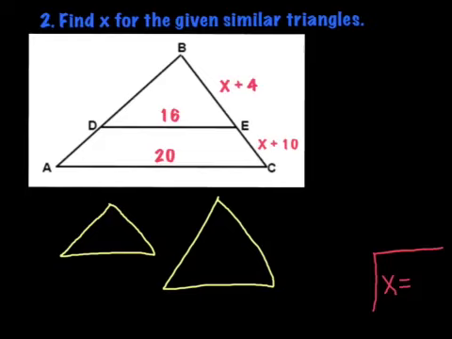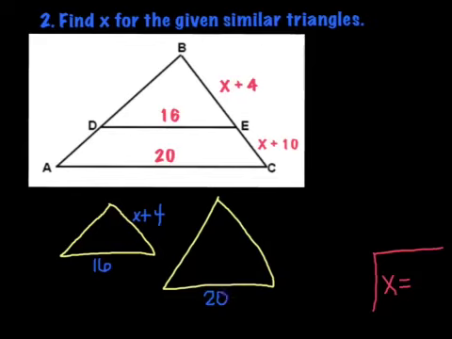Okay, so let's label all the sides of our triangles that we have. For the smaller triangle, we know that this is 16 and the side is x plus 4. Now for the larger triangle, the base is 20.